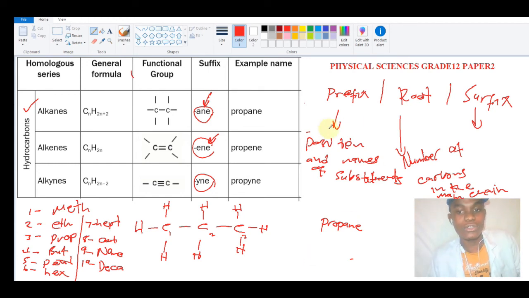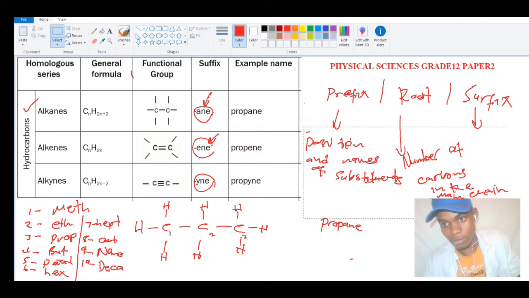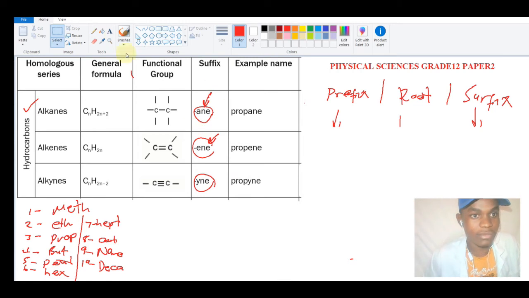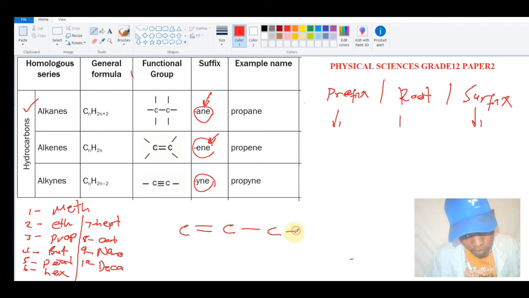So let's try to name another compound. I want to remove that part which talks about suffix so that we can be guided into making names. Let's say we've got C double bond C, then C, right.